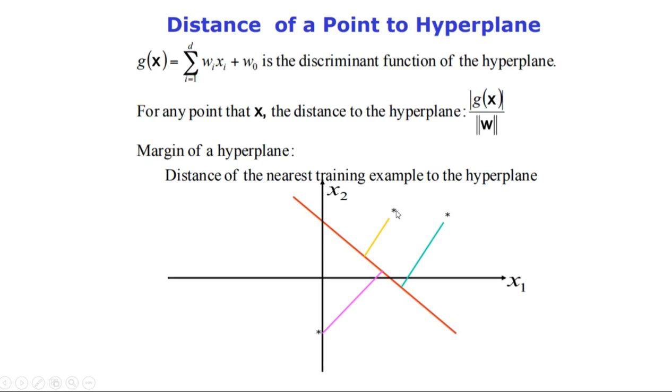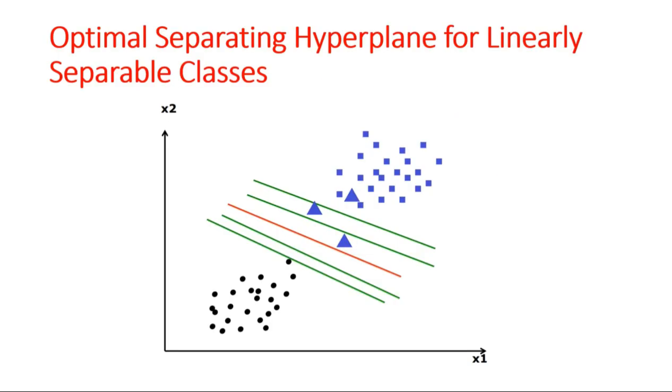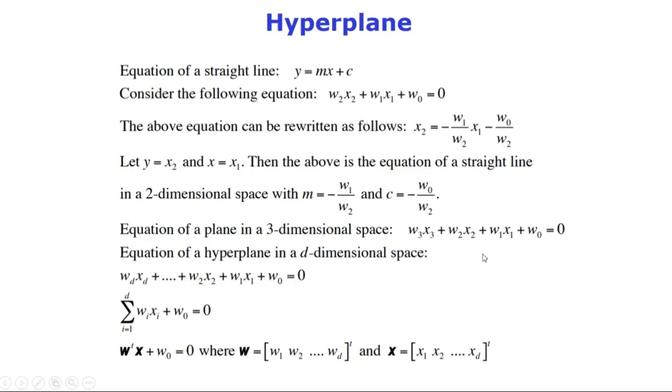This formula will be useful for our optimal hyperplane calculation in SVM. SVM is all about calculating the optimal hyperplane. Optimal hyperplane means it needs to be well separated from both these two classes. That is the point here.